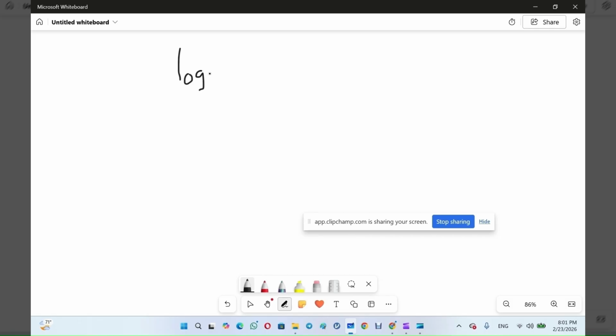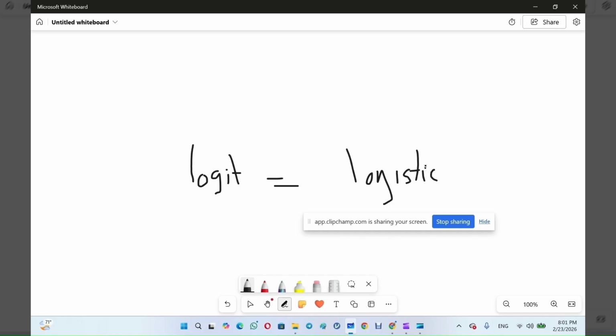Logit means nothing but logistic unit. This is the IT, and this is the log, so it will be log-it, or logit. It means logistic unit. That's it.